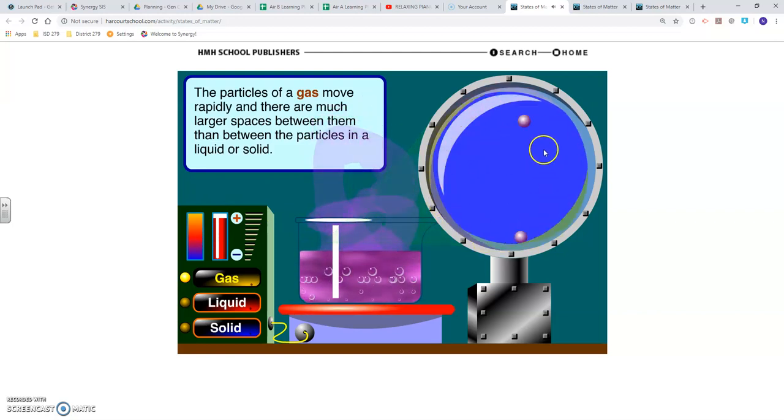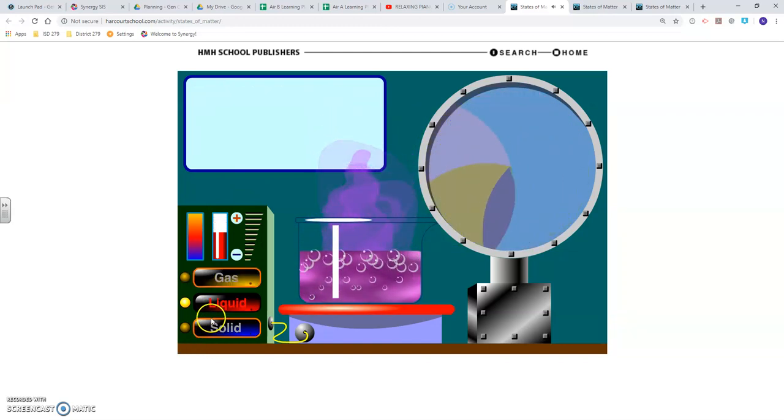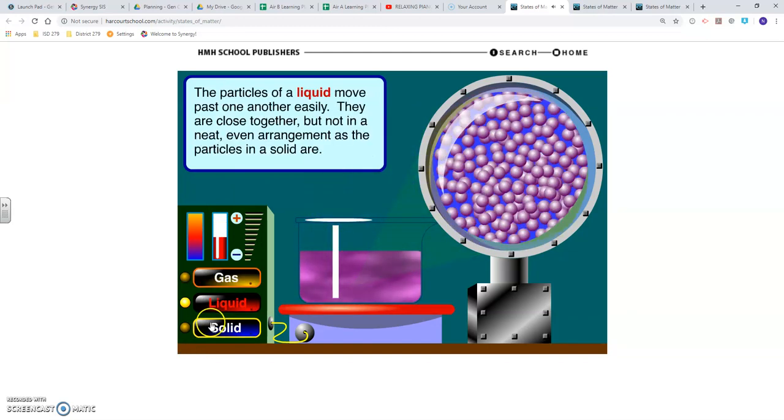And now it is becoming a gas here. And when I zoom in on that, I don't see as many particles because they've spread out so much that I can't see them anymore. Okay. Now I can play with this and mess with how much temperature I add and how that changes these different things. Okay, now it's back in all a liquid state.